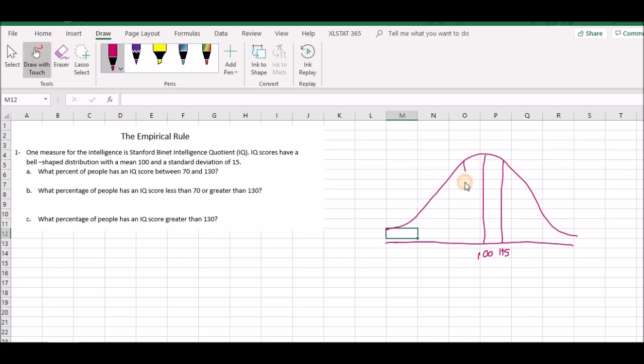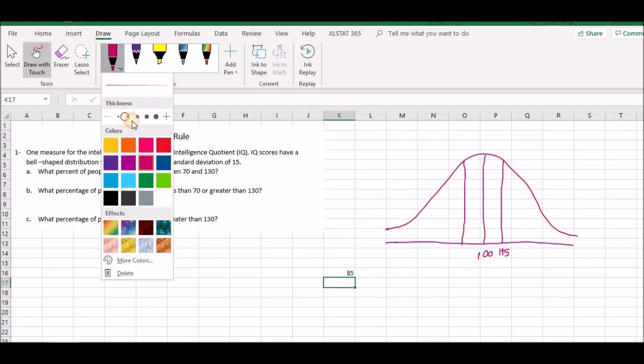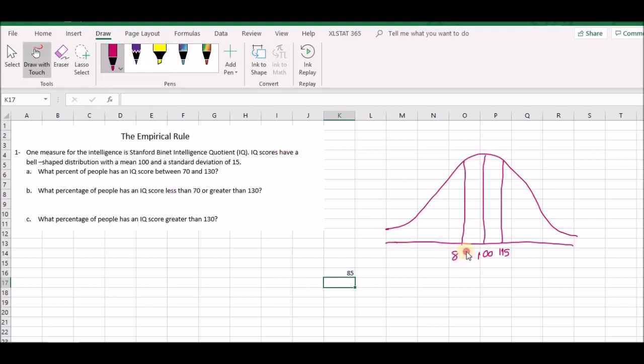If you subtract one standard deviation from the mean, you get 100 minus 15, which is 85. Then the mean plus 2 standard deviations gives you 130, and the mean minus 2 standard deviations gives you 85 minus 15, which is 70.